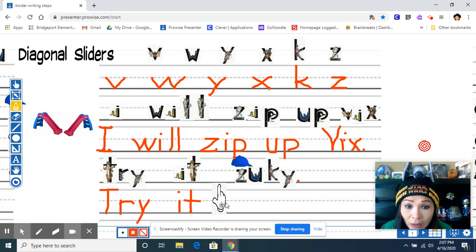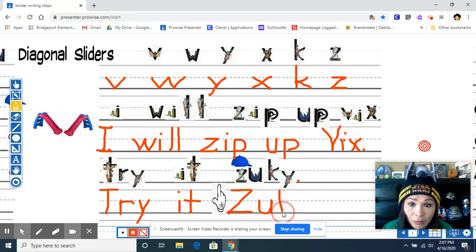Capital Z is like a lowercase z, but instead you write the top line. Top line, slide diagonally down, then write the bottom line. Okay, try it, Zuki. Down again. There you go, there's my leg.